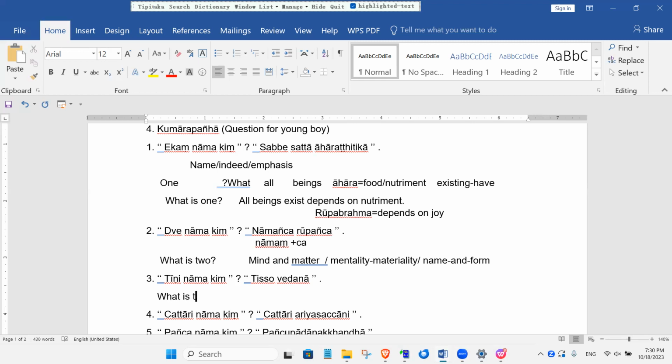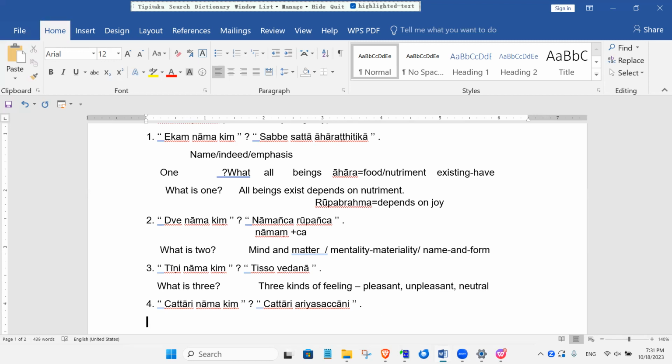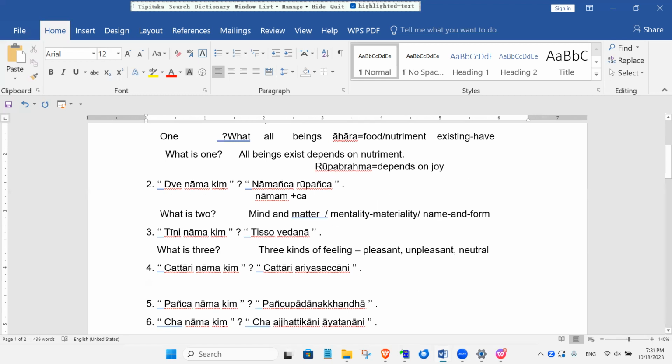Three kinds of feelings. What kind of feeling, you know, right? Pleasant, unpleasant, neutral. Okay. So what is 4? Very easy.